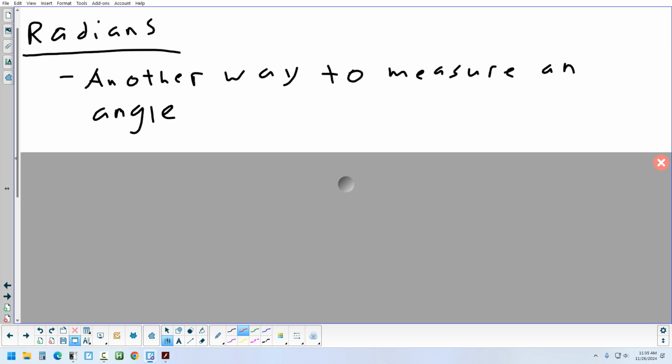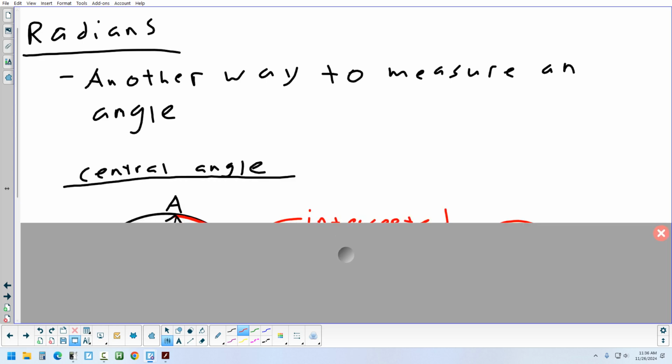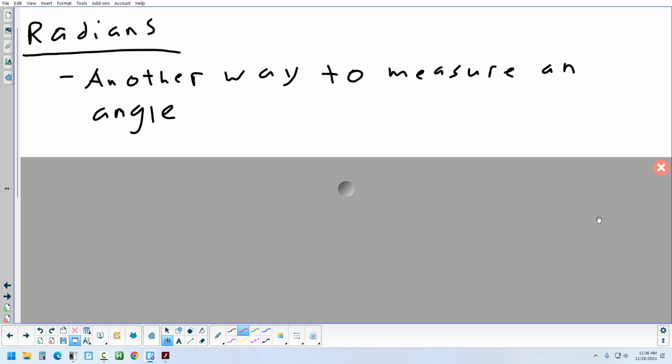I think they use degrees in lower level kinds of math because it's easy to understand, but radians makes things a lot simpler in calculus. So it's just another way to measure an angle. I'm going to first try to describe a little bit about what a radian looks like, and then I'll get into how you convert between radians and degrees.